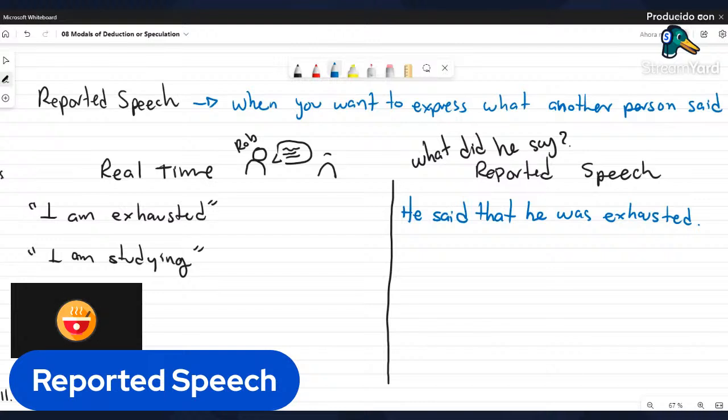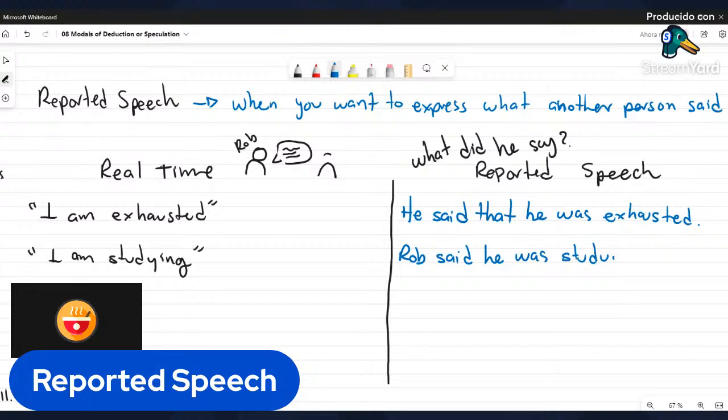So we can say, Rob said he was studying. He is always studying all the time, which is really good. He wants to get a nice scholarship in the best university.